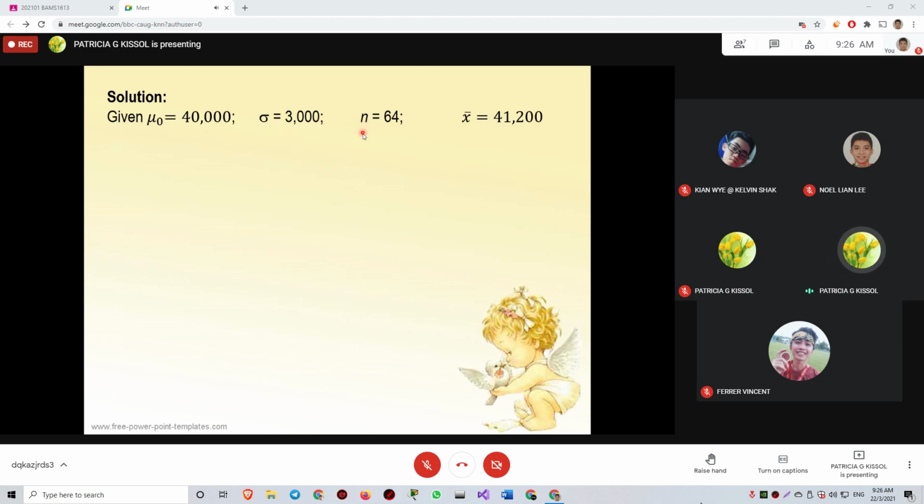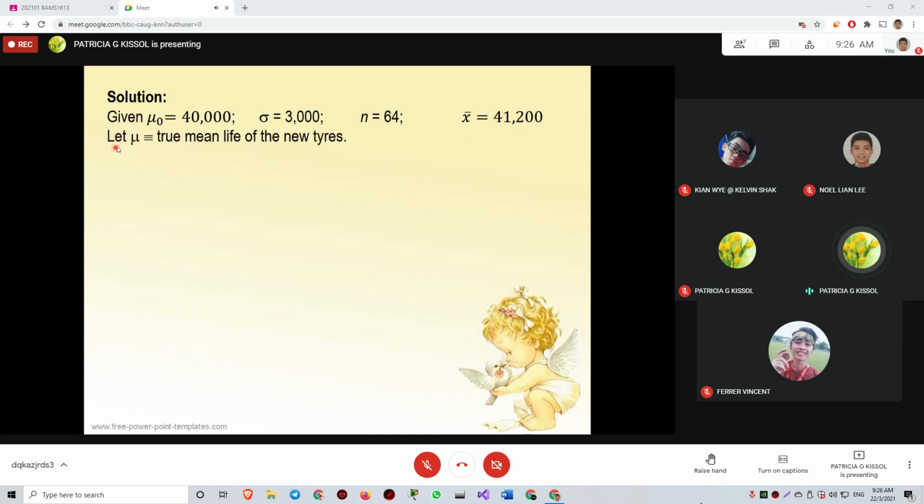Now, I did mention to you that if your n is bigger than 30, we're supposed to use S, isn't it? By right, you should use S, but never mind, it doesn't really change the answer. And our sample mean is 41,200. So for our random variable, always make sure you write what the random variable is so that you know what the question is about.